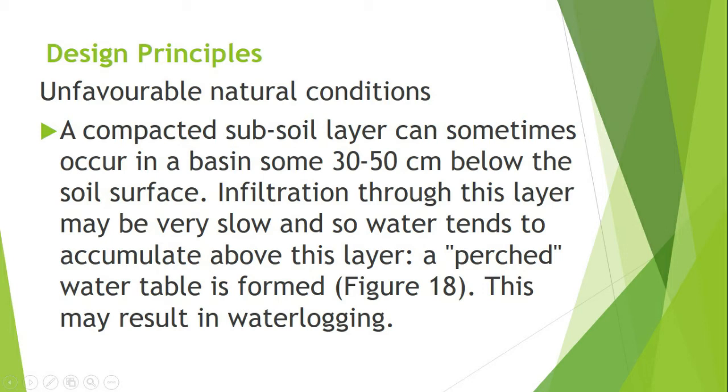A compacted subsoil layer can sometimes occur in the basin some 30 to 50 cm below the soil surface. Infiltration through this layer may be very slow and so water tends to accumulate above this layer. A perched water table is formed, as in the figure. This may result in waterlogging.